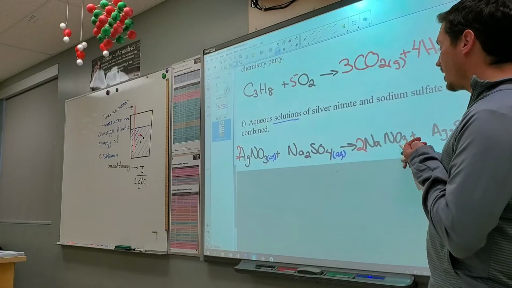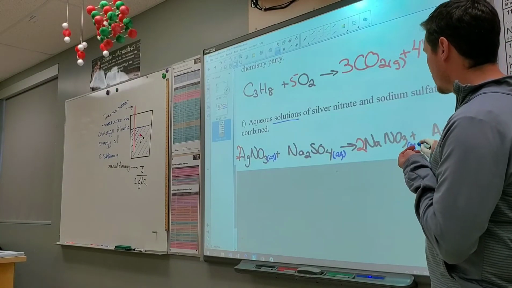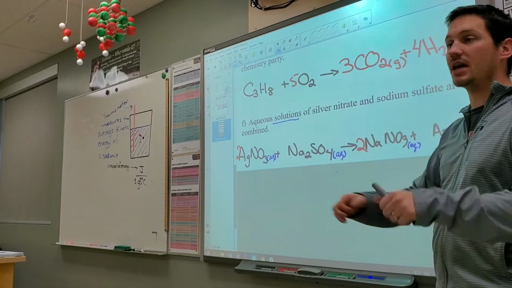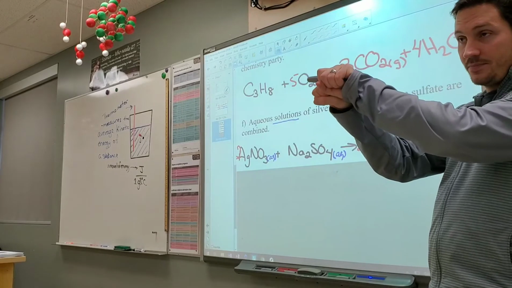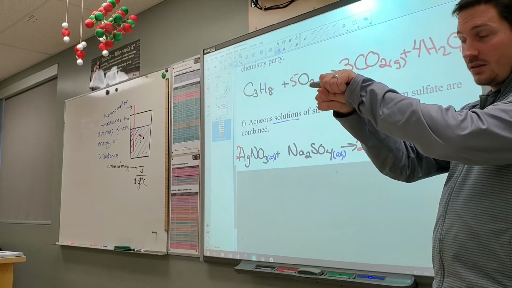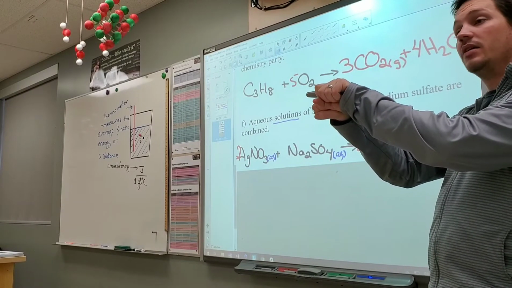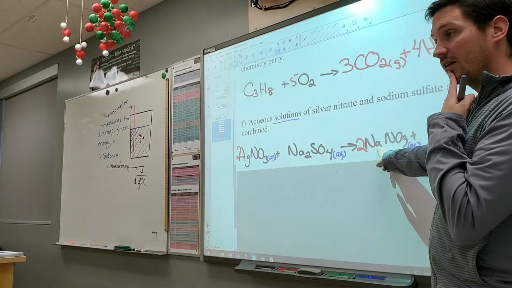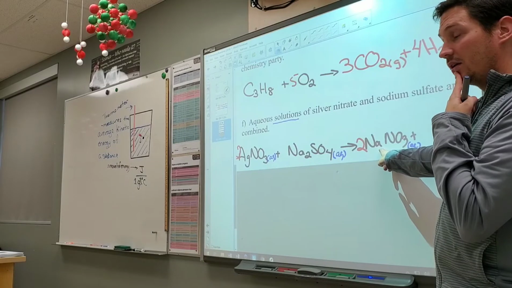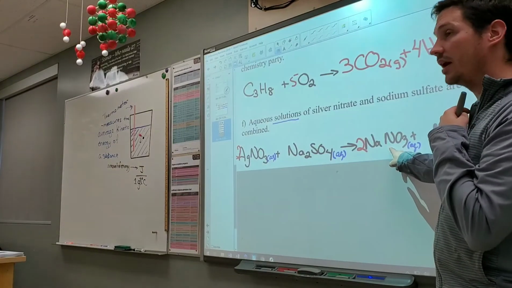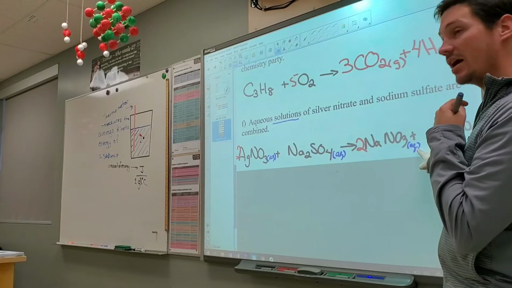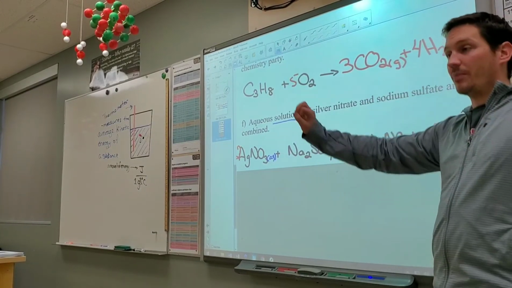So just as a little bit of a prelude to what we're going to do today, when we have sodium nitrate in solution, does it exist as sodium nitrate? Or is it going to break up? Is this ionic? Yes. Metal, non-metal, right? So this is ionic, and because it has high solubility, will the ions separate from each other?